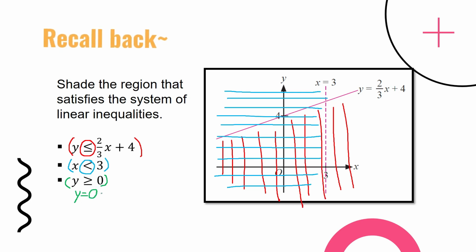As we know, y equal to 0 is parallel to the x axis. So the straight line for y equal to 0 lies on this x axis. So y equal to 0 will be on this line here.